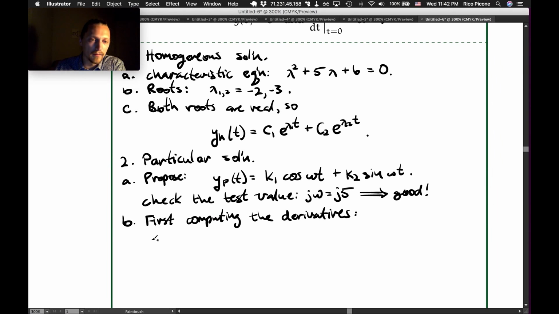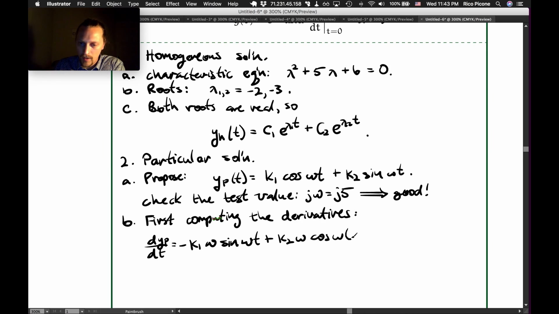We have dyp dt is equal to, we already did this, derivative of cosine's negative sine, negative k1 omega sine omega t, oops, I dropped the omega. That's what happens when you get in a hurry. Plus k2 omega cosine omega t. Great.